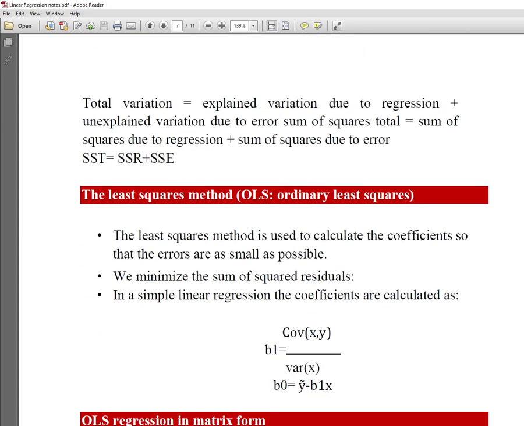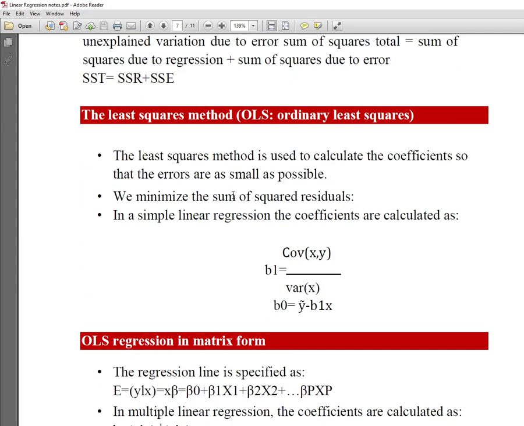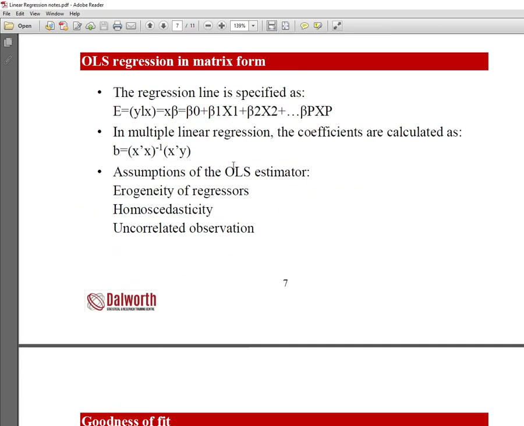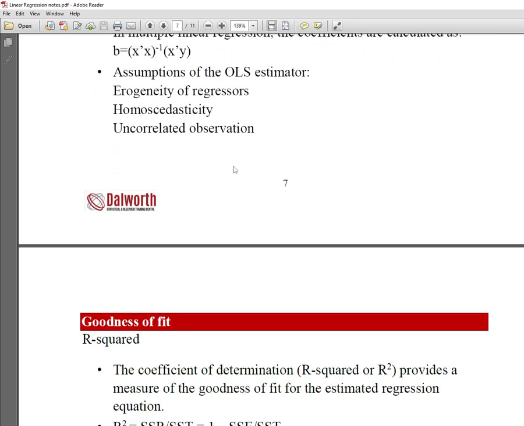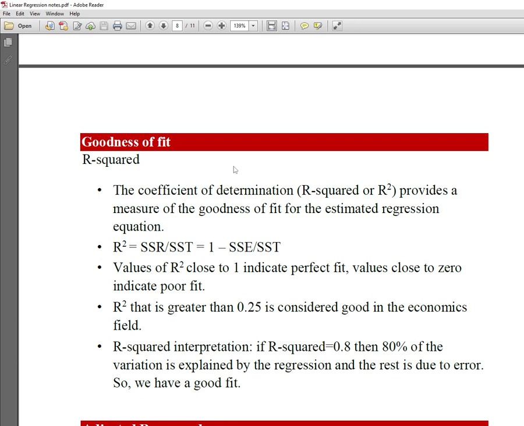Let's put it in terms of figures. Let's go ahead. So assuming I do my study and I obtain, let's say, an R squared of 0.8.